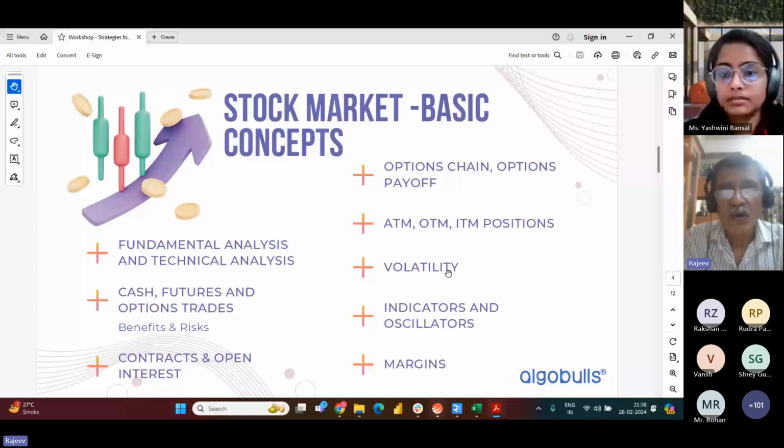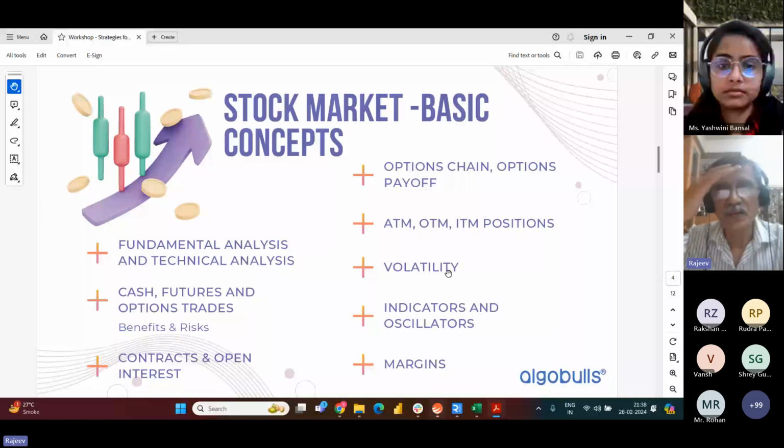That means how Infosys has moved throughout the last 1 year or so, how the price movement has been. If it is very stagnant, and has barely changed 100 points here and there throughout the year, it will be called a less volatile stock.